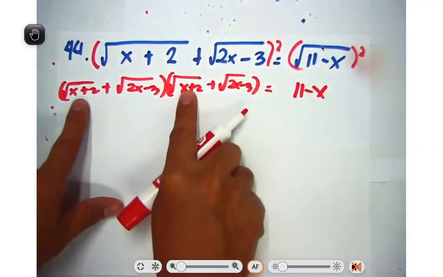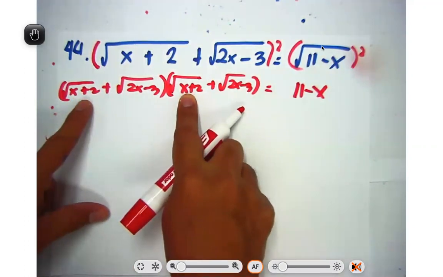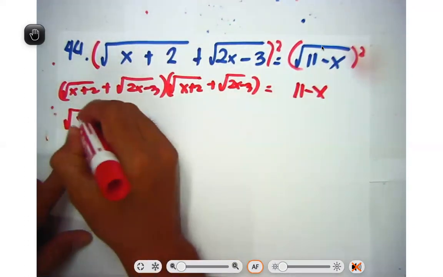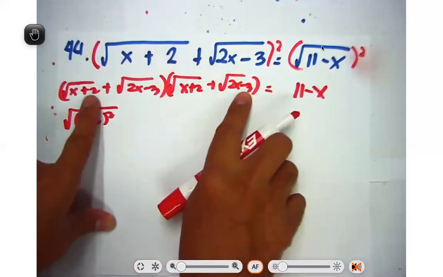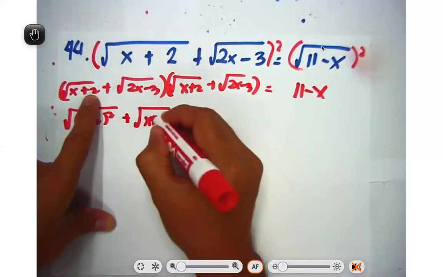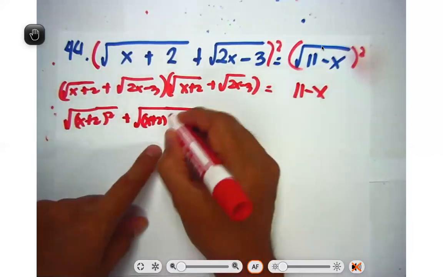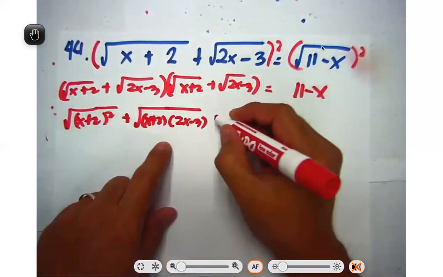Let's FOIL this. Square root of x plus 2 times square root of x plus 2 is going to be the square root of x plus 2 squared, right? And here it's going to be the square root of x plus 2 times 2x minus 3. Inner, same thing.